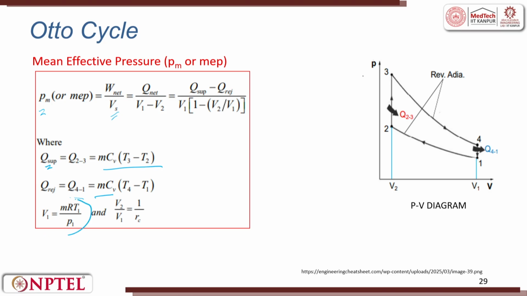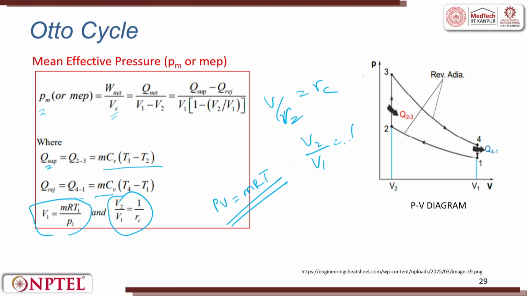V1 is expressed as m R T by P, since PV equals mRT, that is the formula. So V1 is m R T1 by P1, and V2 by V1 is equal to 1 by rc. So V1 by V2 is rc.